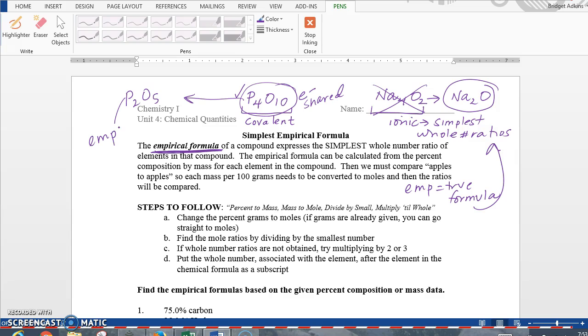So this would be considered the empirical formula for P4O10. The empirical would be diphosphorus pentoxide, and the molecular formula is what we're going to call tetraphosphorus decoxide. In our next lesson, we'll move from empirical to molecular, but today we're just going to focus on how we get these empirical formulas.